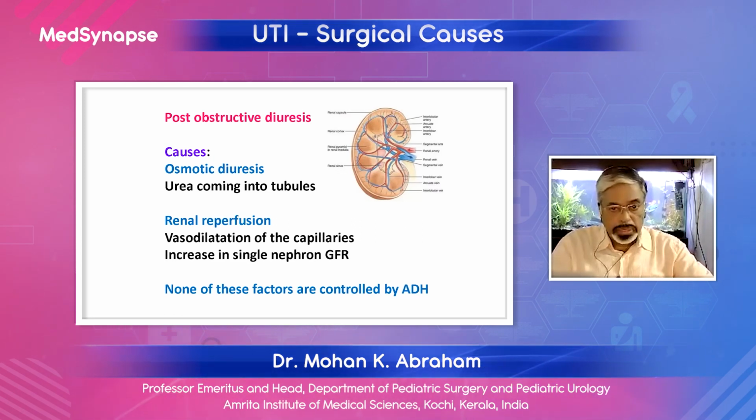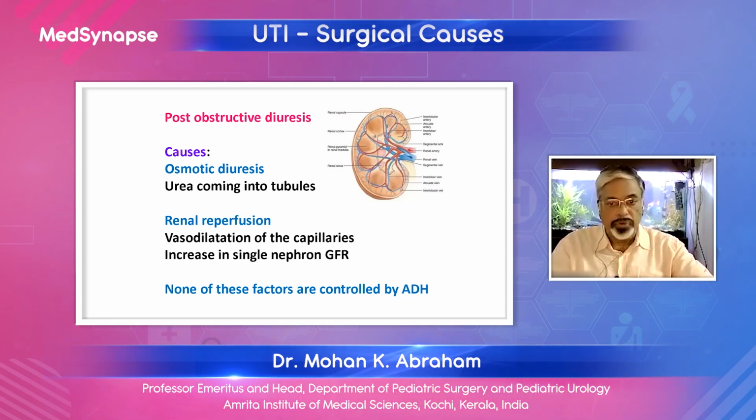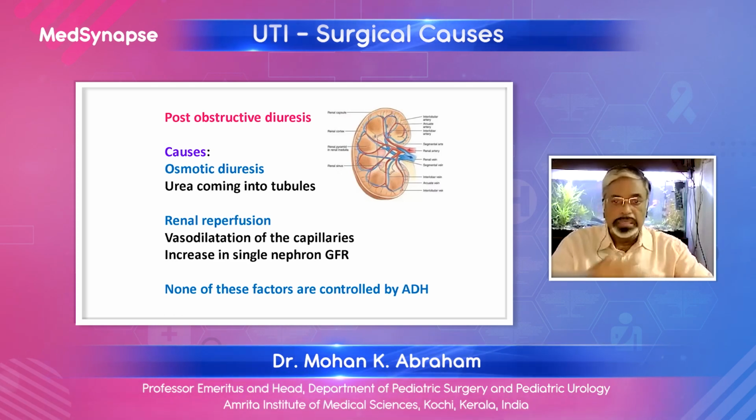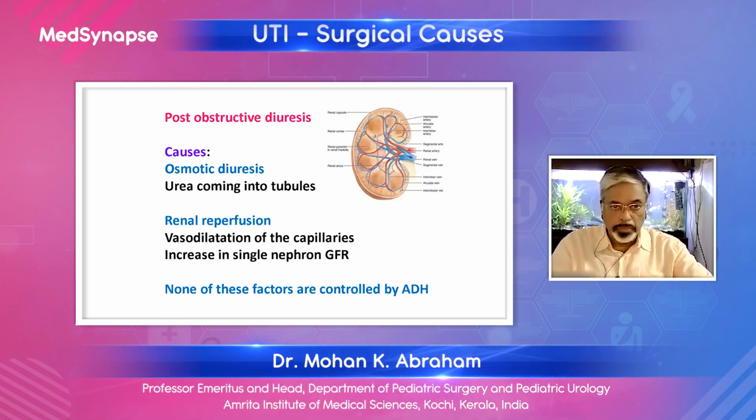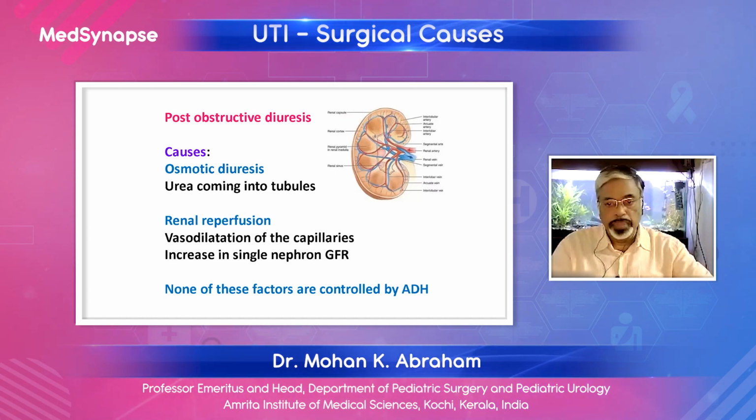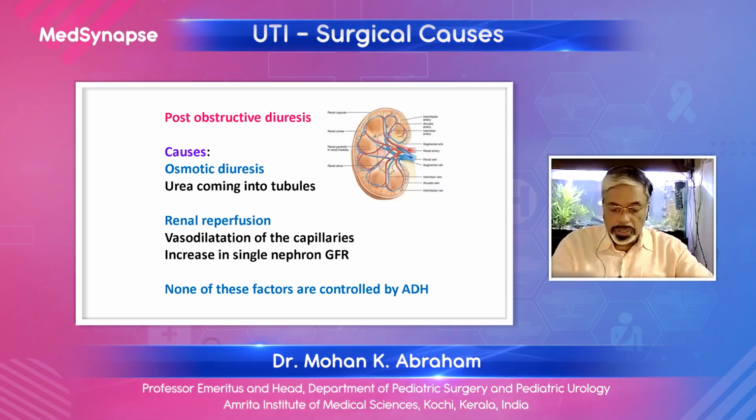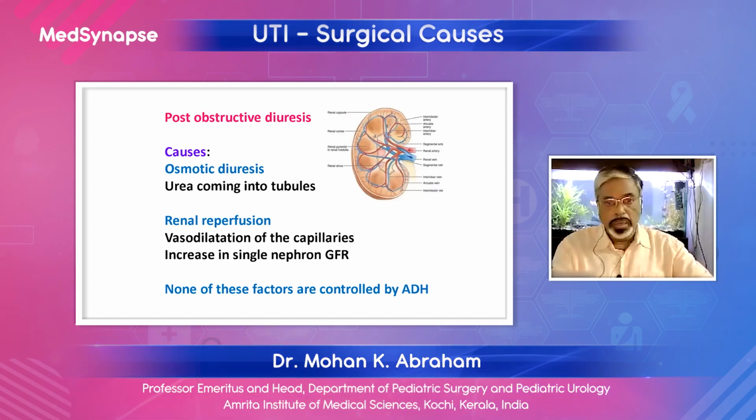And that leads to increase in the single nephron glomerular filtration rate, so there is a lot of production of urine. And you will notice that both these conditions are not controlled by antidiuretic hormone. So even if the baby is dehydrated, still they will produce a lot of urine. Baby goes into severe dehydration and pre-renal shutdown.